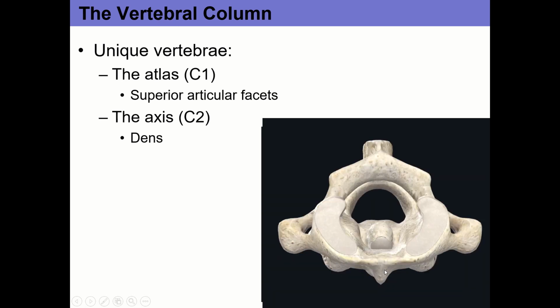So if I put those two together, there's a superior view of the two together, so you can see that anterior arch of the atlas, you can see the dens there, and then in us, there's a transverse ligament that closes in that space, that keeps the dens inside of that arch.